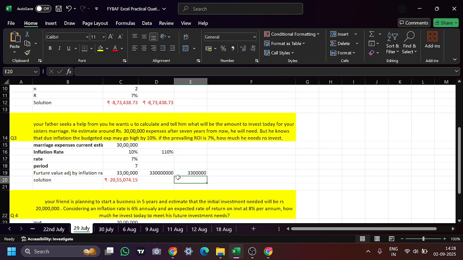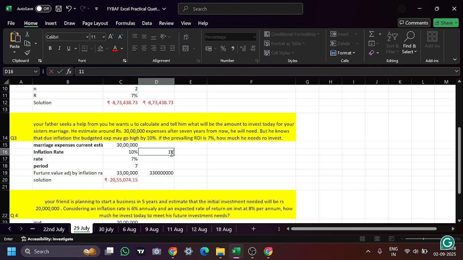You will get how much? Wait. This value as 3,30,000 into 110. Do not take percentage over here. 110. Done. Accordingly you will get the value over here.